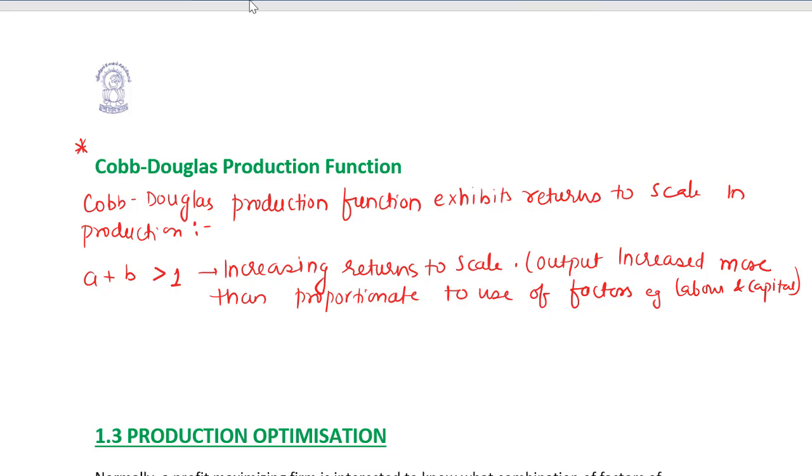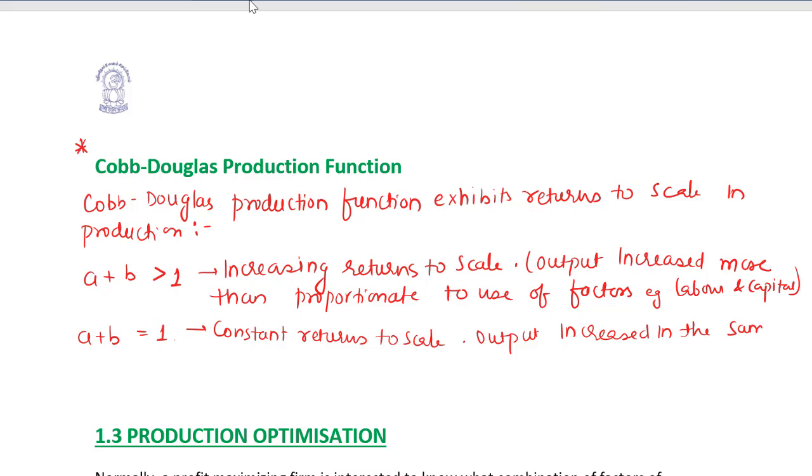Clear? Constant returns to scale. A plus B equals 1. You can write constant returns to scale. What happens over here? Output increased in the same proportion with all factors.